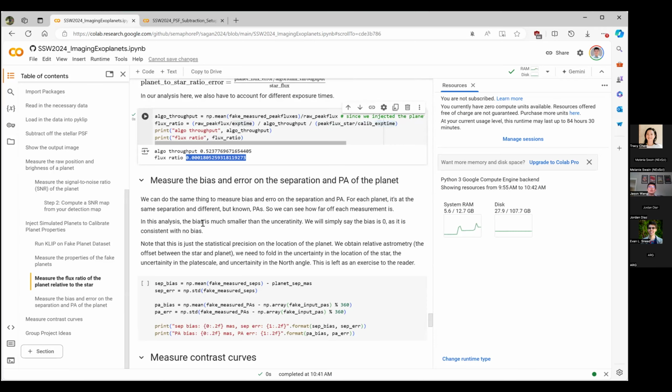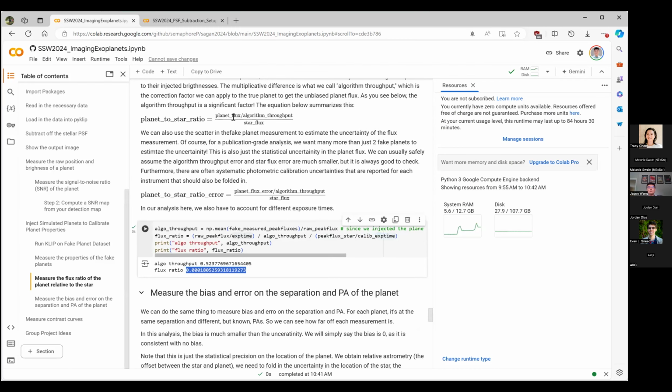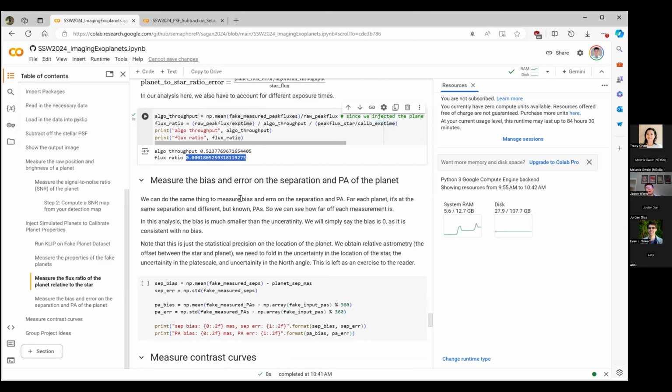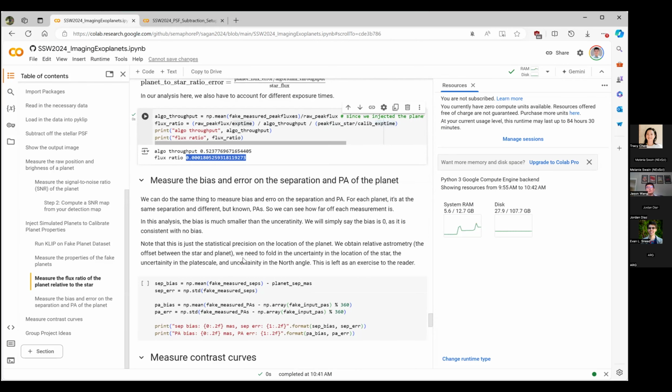The next thing we can do is, just like the flux is biased, the position of the planet could also be biased due to the PSF subtraction process. So again, we can use the same fake planets we injected to measure the separations after PSF subtraction and compare that to the separation that we expect before PSF subtraction.